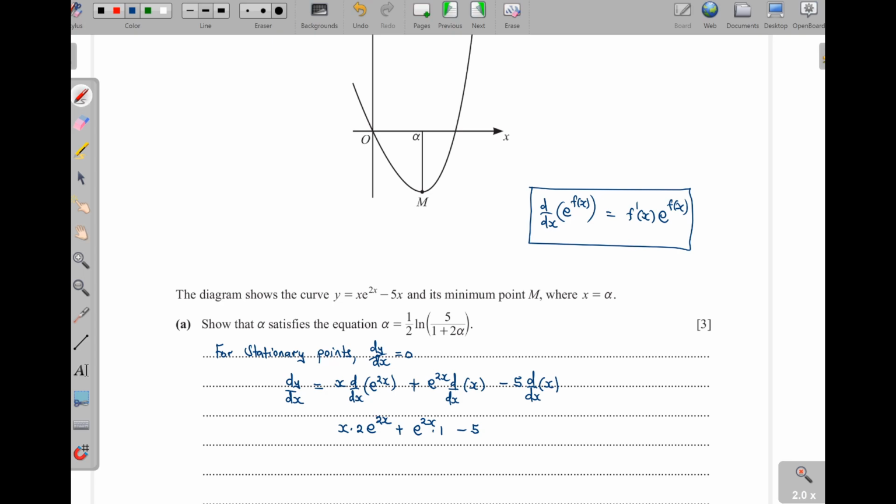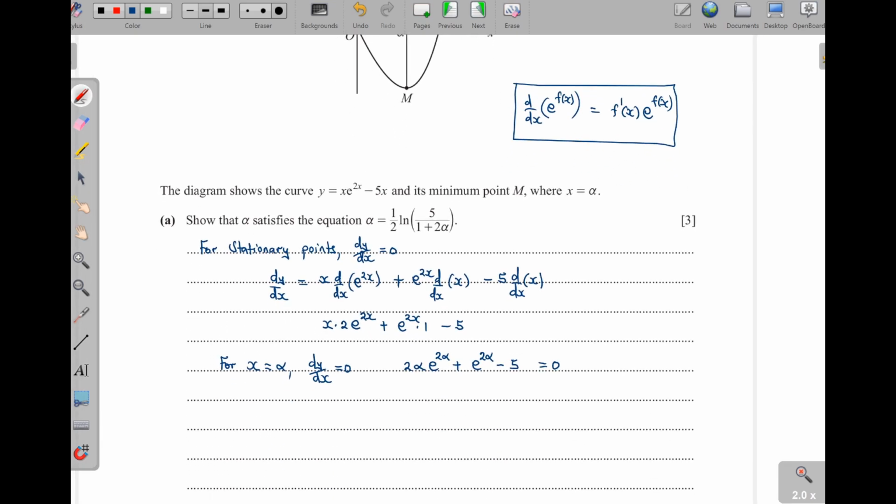Okay, now because the x coordinate here is alpha, I will say for now our x is equal to alpha, then our dy dx is going to be equal to 0. So wherever there is x, you put alpha. So we shall have 2 alpha, then e to the power of 2 alpha, then plus e to the power of 2 alpha minus 5, then this one is equal to 0.